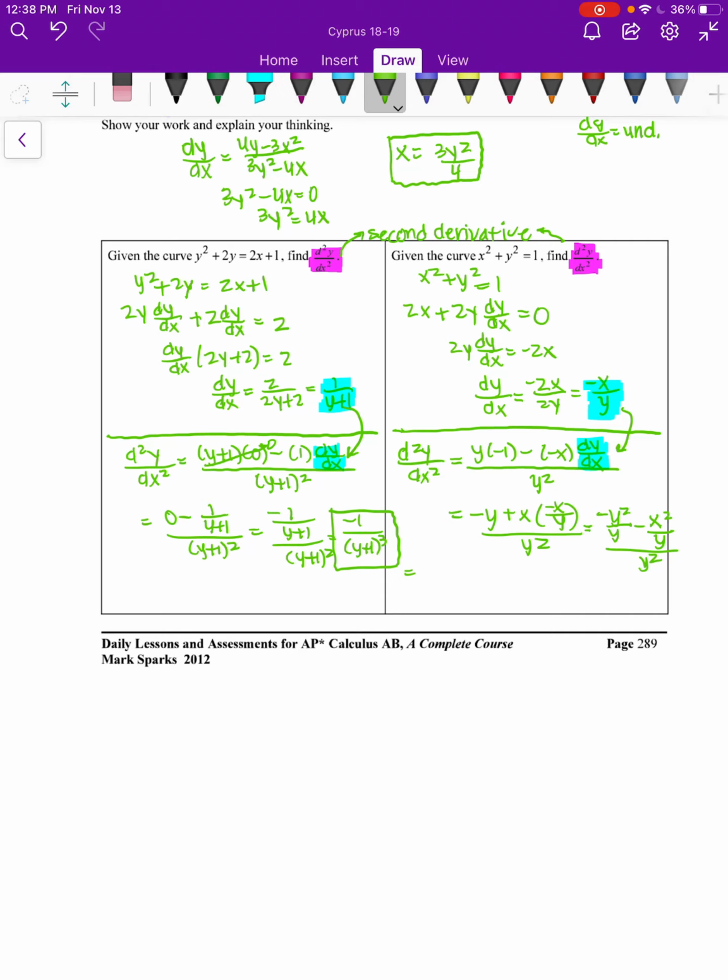So then simplify it even more. Here we have negative y squared minus x squared all over y squared. A fraction divided by something, so I can combine those denominators, which is just negative y squared minus x squared over y to the third. And that's it.